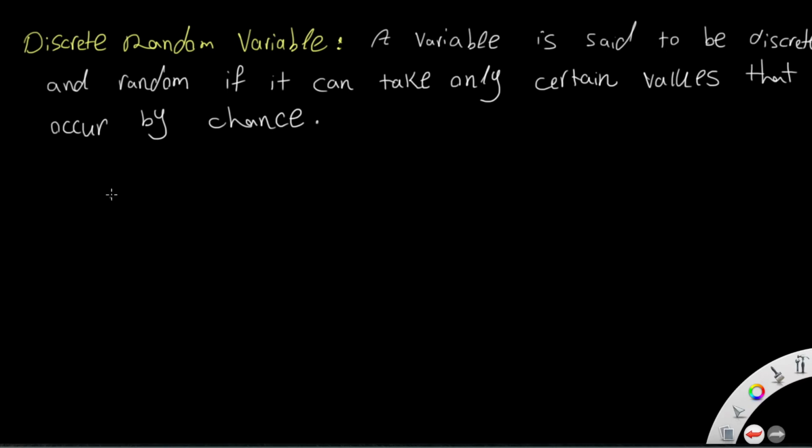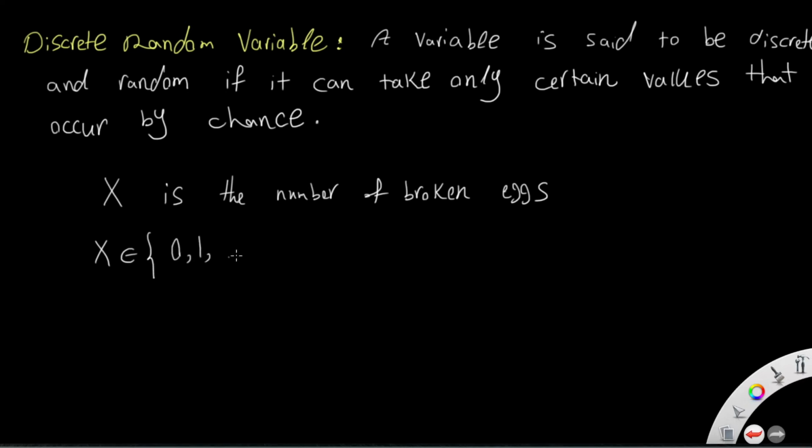So if x is to be the number of broken eggs, x can take values 0, 1, because I said there are 6 eggs in the carton.